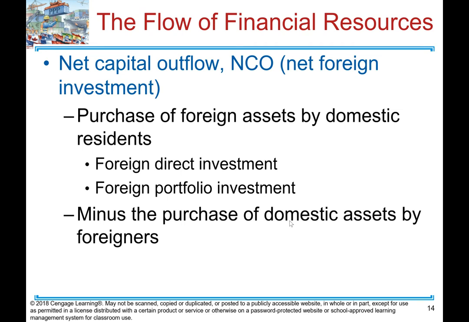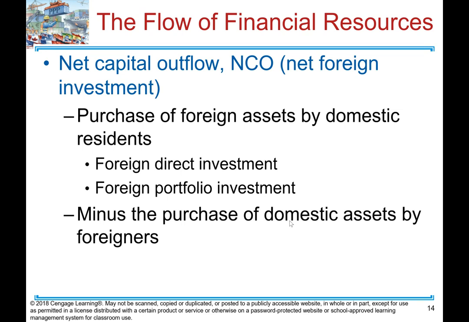When McDonald's builds a plant in Moscow, that is foreign direct investment. When Coca-Cola builds a plant in South Africa, that is foreign direct investment. Or foreign portfolio investment. When Americans buy stock in companies like Volvo in Sweden, that is foreign portfolio investment.